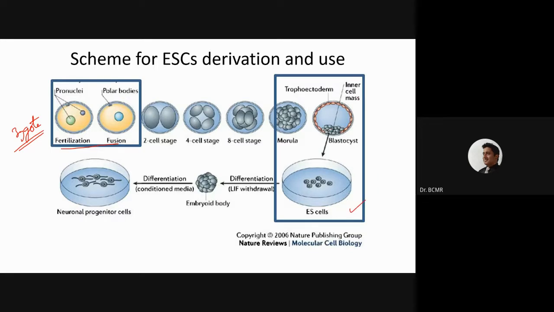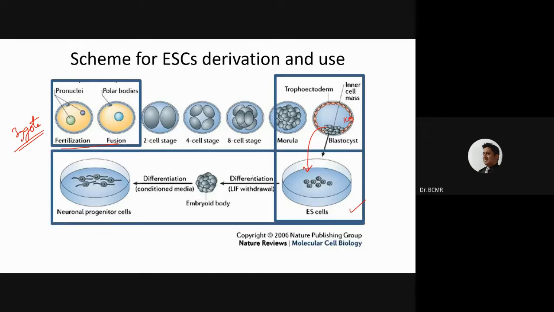That means this ICM, inner cell mass, that is present here should be put onto plates and successfully grown or subcultured. The third part of the technology is to be able to differentiate whichever cell type we want, for example, neuronal progenitor cells. If you want to differentiate them, you need special techniques. So in today's class, we will discuss mostly how to generate the embryos, and second, how to derive the embryonic stem cells from blastocysts.